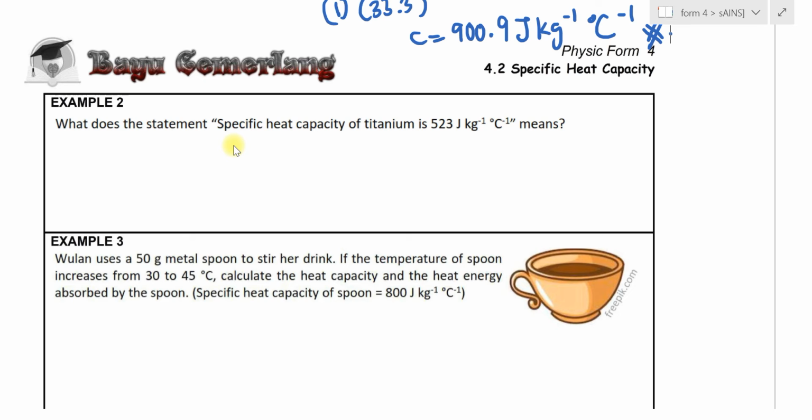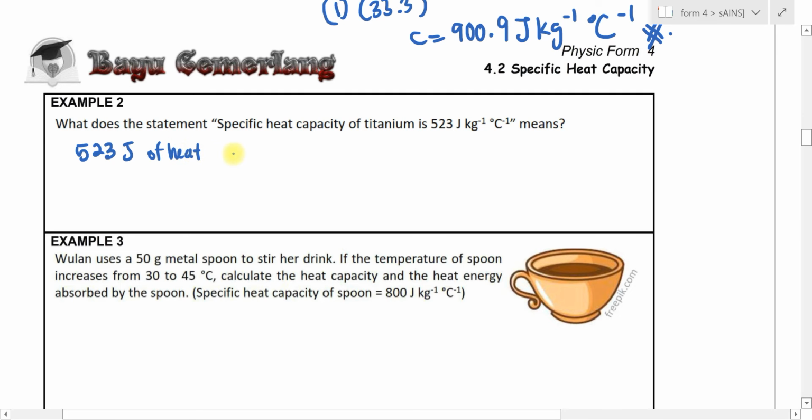by 1 degree Celsius. Tapi yang permulaan tu you just mention 523 joule of heat energy sudah cukup. Oh, okay. Joule of heat energy, very good. Joule of heat energy is needed to increase the temperature.